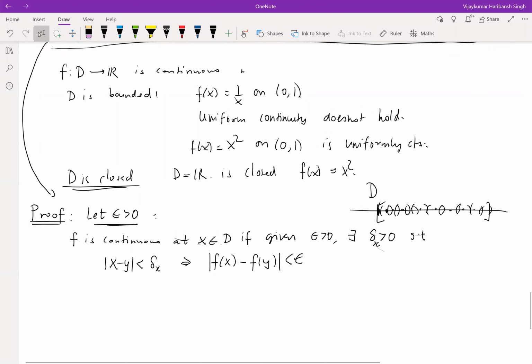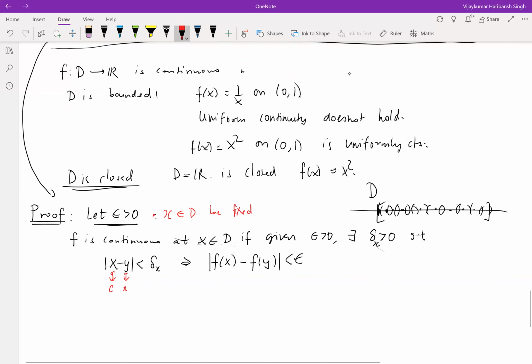All right, here the notations are slightly different. All I'm doing is, instead of c, I'm using x, and instead of x, I'm using y. In the usual continuity definition, you have |x minus c| less than delta. So instead of the constant c, I'm using x, because f is continuous at x belonging to D. So this should not be seen as the definition of uniform continuity yet. So let me just make a point: let epsilon greater than 0 and x belonging to D be fixed.